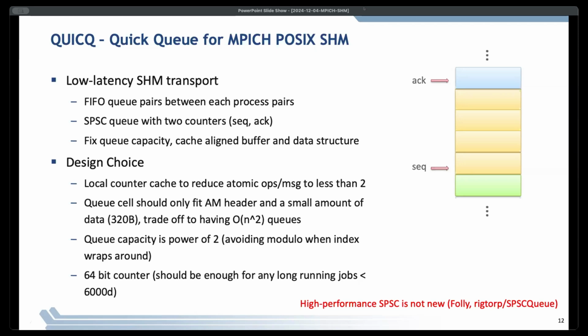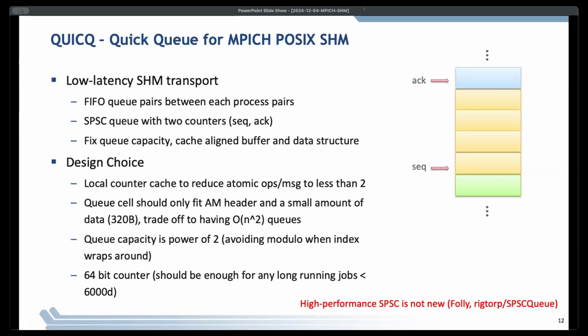And for the queues, we decided to limit the size of each queue cell to 320 bytes. It's basically 256 bytes of data plus a 64-byte header. This is mostly because now, instead of having each process have one incoming message queue, we're going to have queue pairs between each pair of processes.